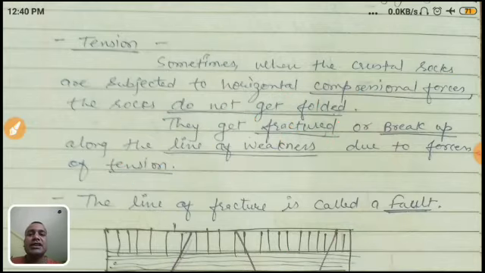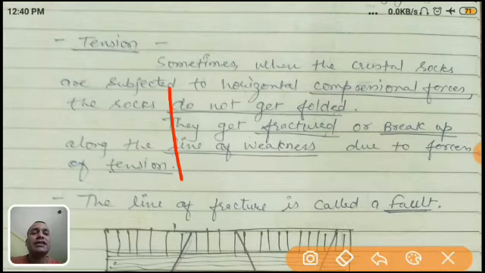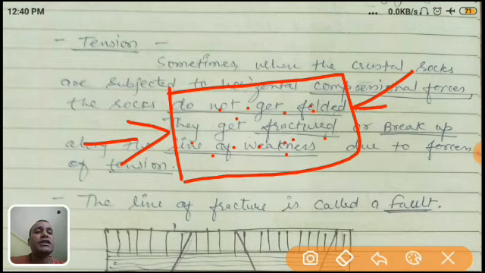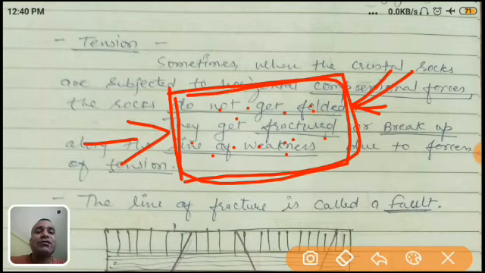Nothing else changes; the only difference is that the structure is composed of these crystalline rocks. When this compressional force is too much, and these landforms cannot sustain that much compressional force, what will happen?